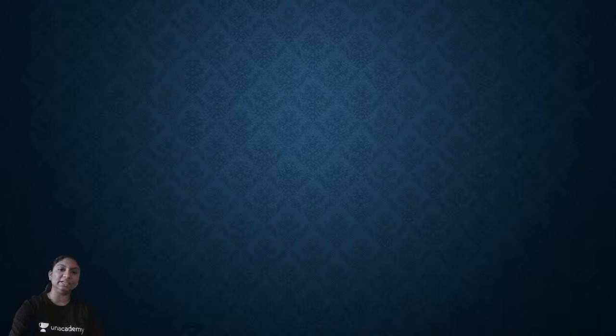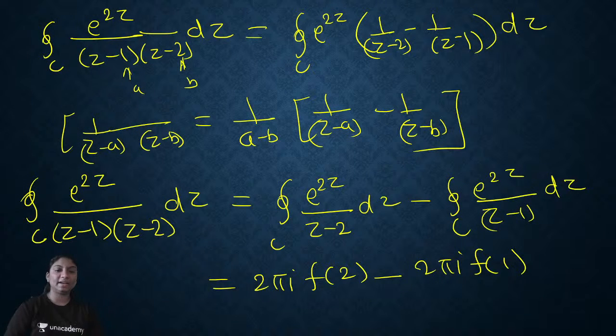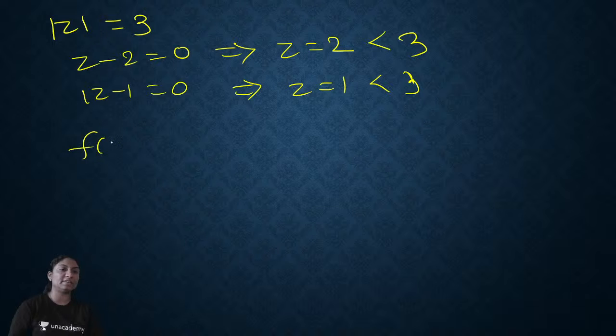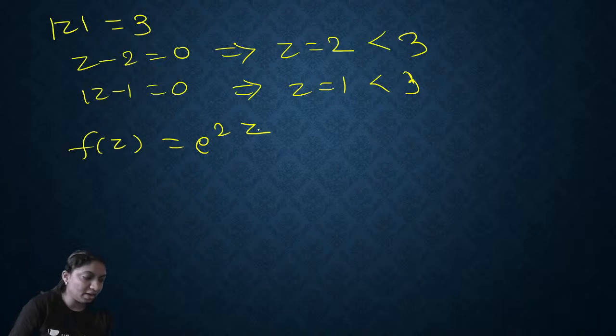Therefore, by Cauchy's integral formula, we can write the integral as 2 pi i into f of 2 minus 2 pi i into f of 1, where f of z is equal to e raised to 2z.